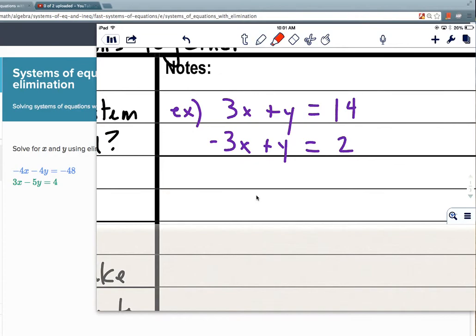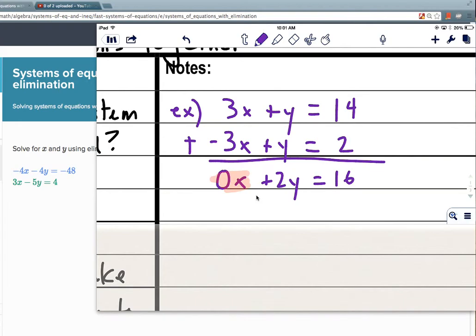Something really beautiful happens here when I add these two equations together. If I were just to add them, I would get 0x plus 2y equals 16. And so what happened was that the x term fell out because positive 3 and negative 3 become 0.